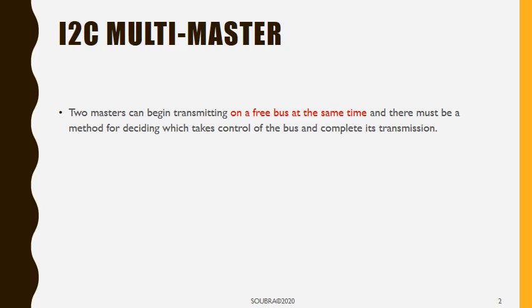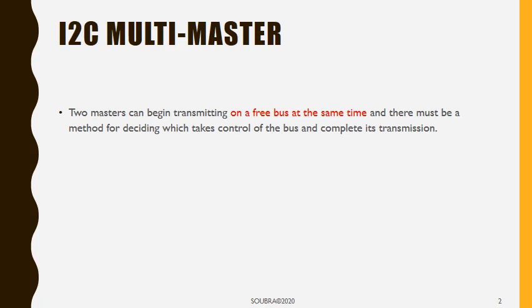So what kind of problems do we need to deal with in this case? Well, the first problem is we need to make sure that the clock is not acting weird, because each master is trying to generate the clock signals. So basically this could be gibberish, right? And on the second line, which is the data line, we need to make sure that there's no interference as well.